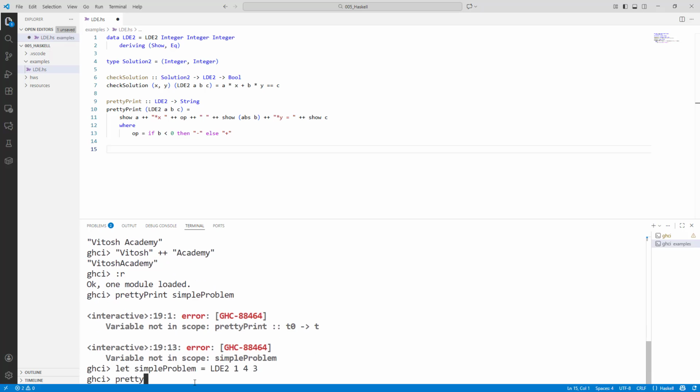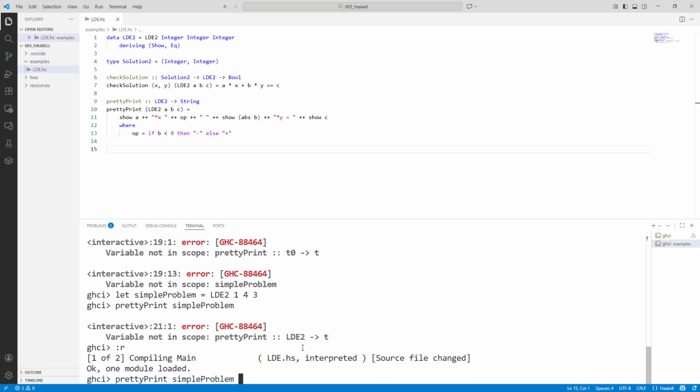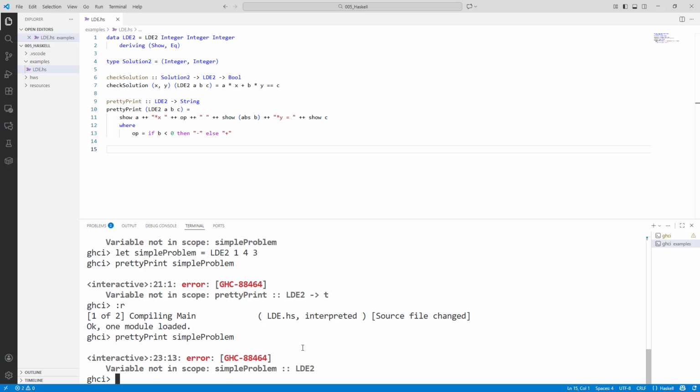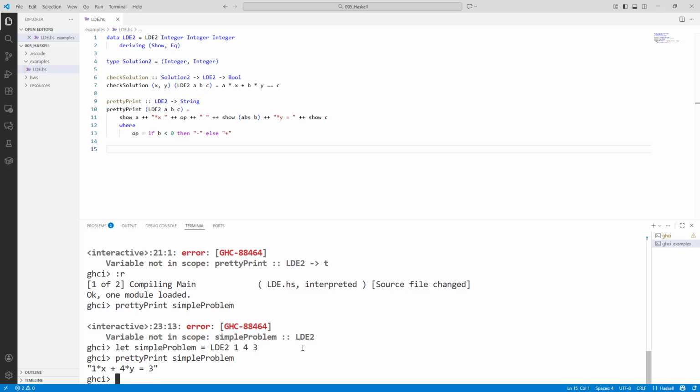And then prettyPrint simple problem. Variable not in scope, prettyPrint. Okay. Then reload. Yes, finally everything is okay. So this is somehow not that bad.